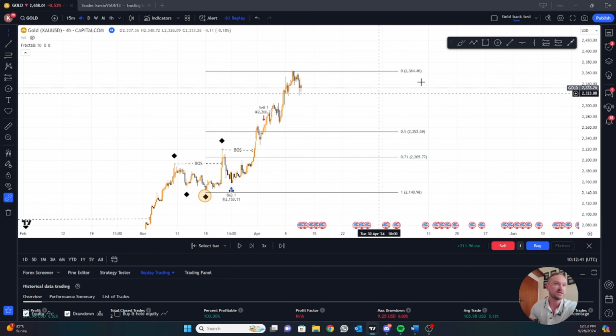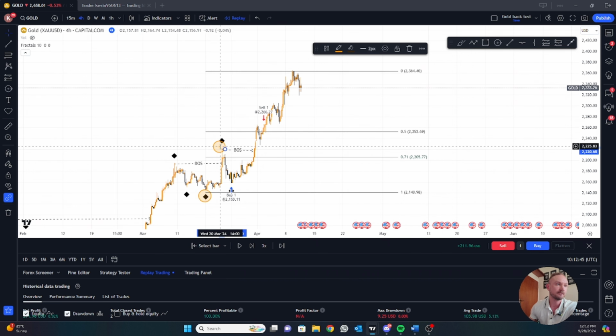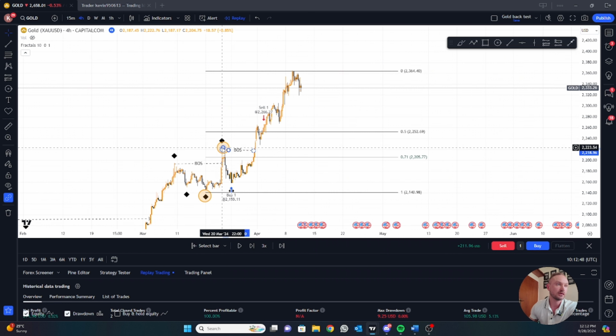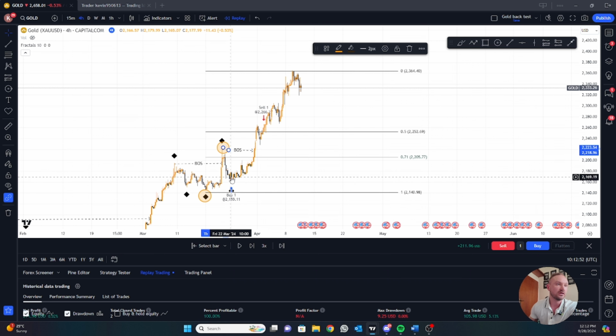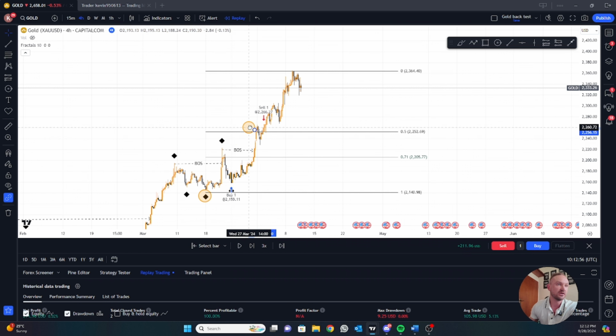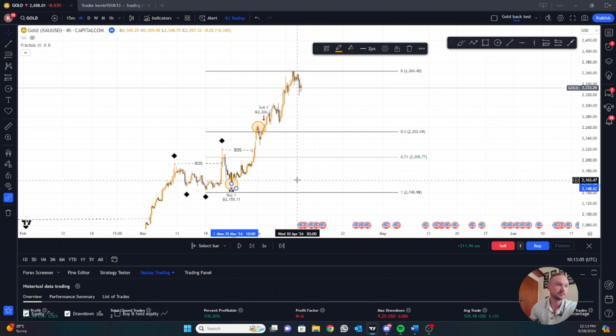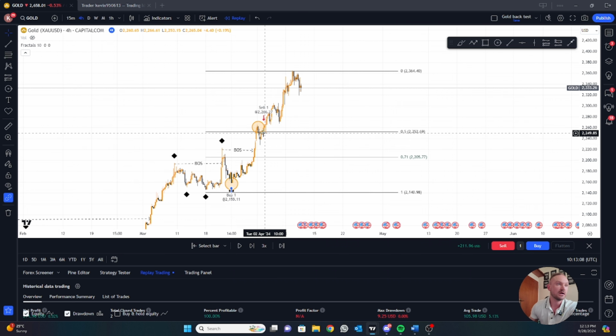So this is our low, this is our high, at the moment. Then we move to the downside and we came back up. We had a break of structure again. So this is now our high and this is our low. Then we had another break of structure here.